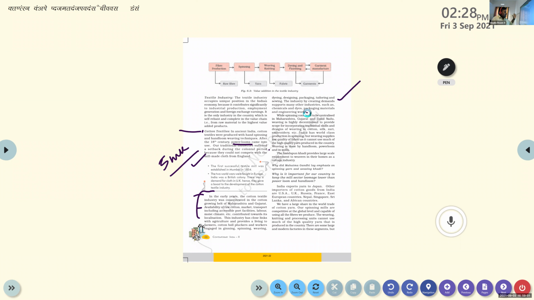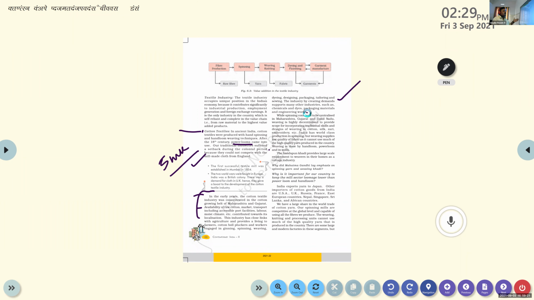So this is the cotton textile industry. It is basically able to provide jobs for numerous people, and it gives a chance for the development of agricultural production, basically cotton cultivation.